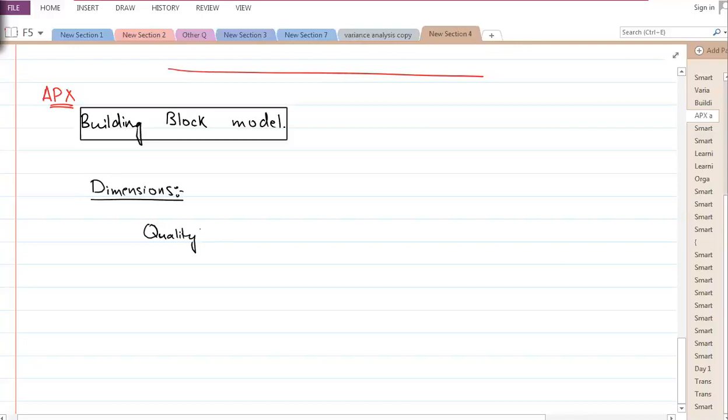Then we'll have flexibility, then resource utilization, and then innovation.